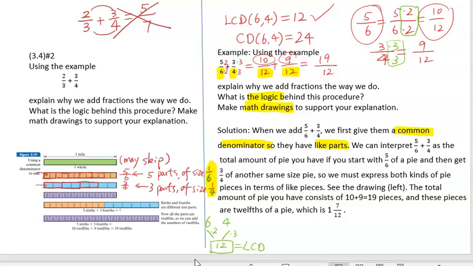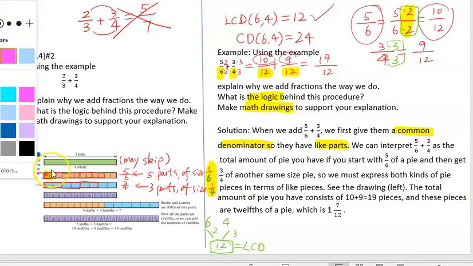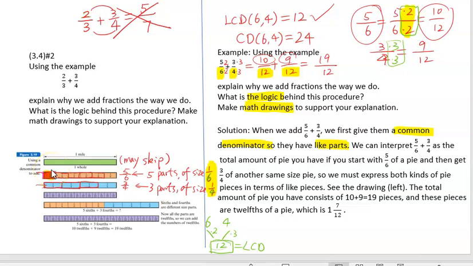Because with different denominators, they have different sizes. We cannot add them. But after we convert them to the same denominator, 12, now let's see the process. For the first fraction, we multiply both top and bottom by 2, which means in the drawing, we divide each of these smaller parts into another 2 parts.